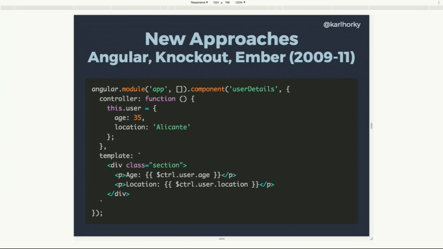So moving on to 2009 to 2011, we're looking at these more frameworky approaches. We're getting into data binding with Angular and Ember, and what we see here is we have the user's age and the location, and these are bound to your data model above. So if your data model changes at some point in time, then it also updates your views.